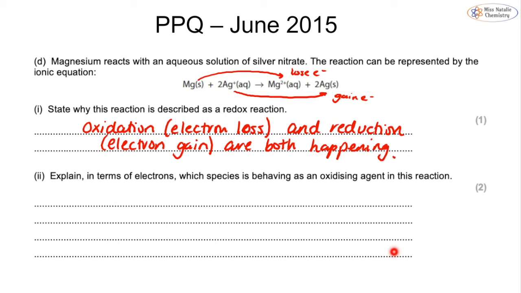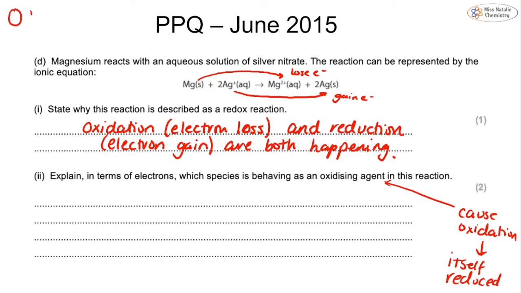And explain in terms of electrons which species is acting as the oxidizing agent. So remember, an oxidizing agent is going to cause oxidation and itself will be reduced. So if we figure out what is being reduced, then we know that that's going to be the one that is the oxidizing agent.